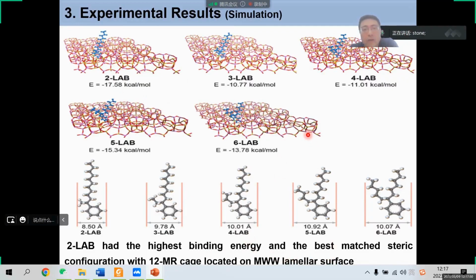From this picture, we find 2-LOB has the highest binding energy and best matches the steric configuration with the 12-membered ring cage located on the MWW lamellar surface. That's why the MWW zeolite exhibits the highest selectivity towards 2-LOB.